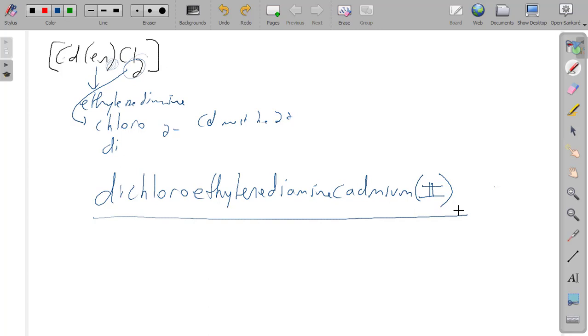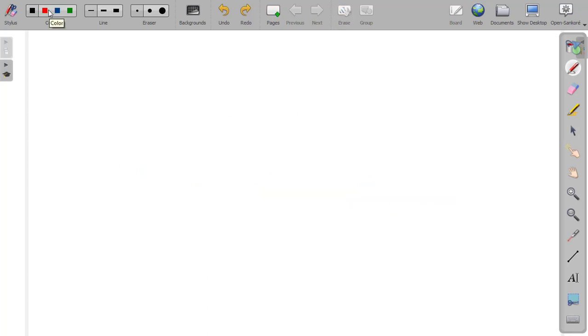All right, let's do another. We are given Cr(NH3)4(CO3)Cl. If we're going to name this thing, first, just real quick, because we know we're going to need the oxidation number, let's quickly do that.